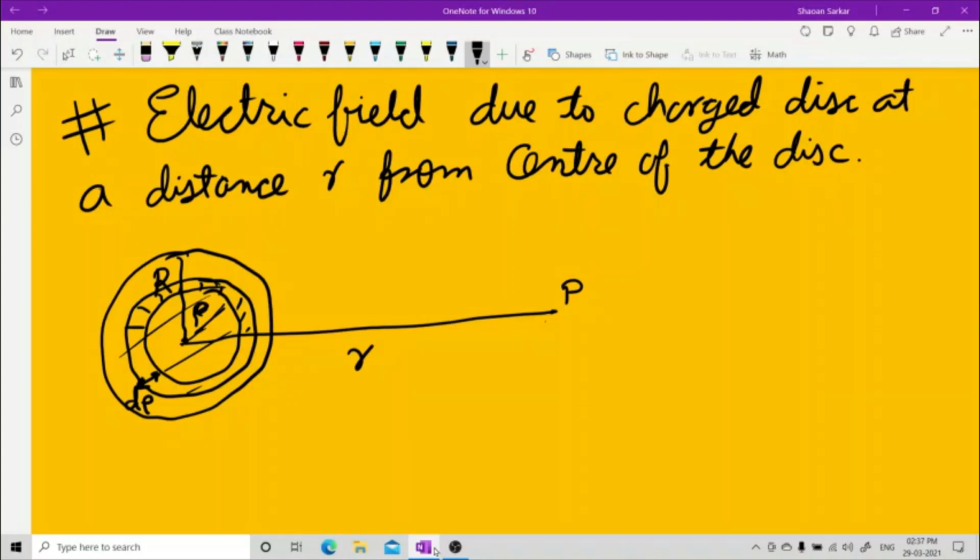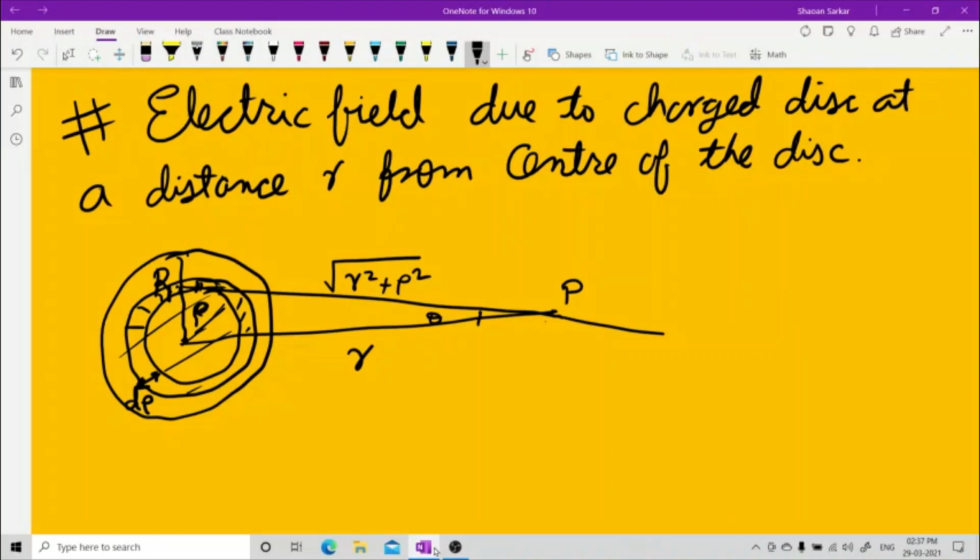So now you take this much portion of the disk. From here you consider an elementary portion of this disk, and from here you take the electric field to this point. This makes an angle theta here. Using the Pythagoras theorem, this is r square plus rho square, where rho is the radius of the elementary portion of the disk.